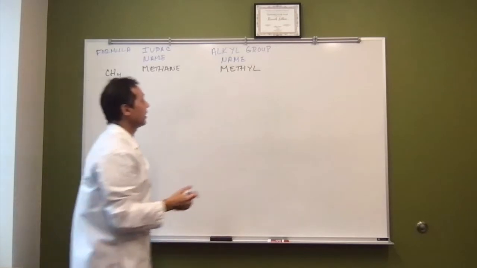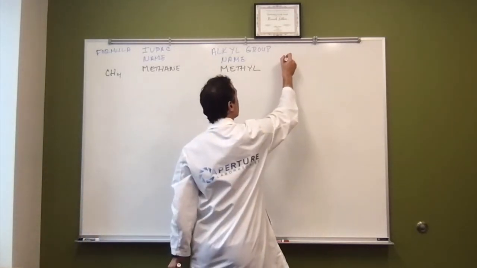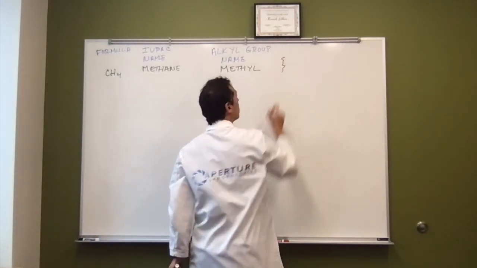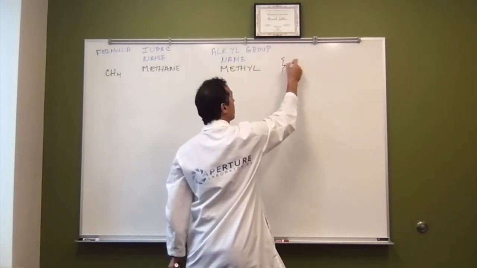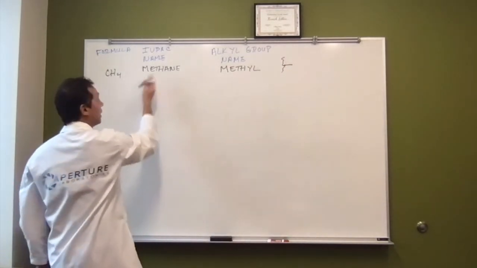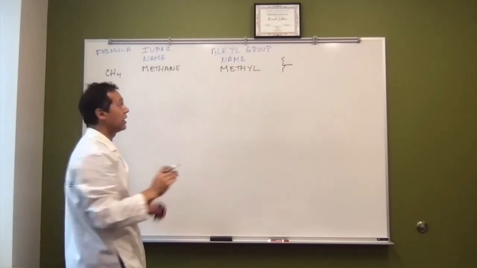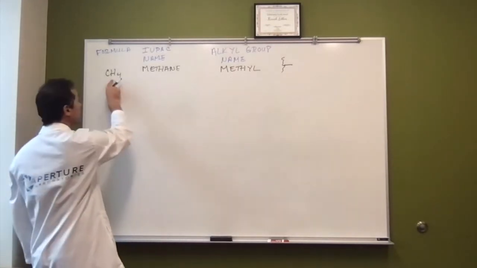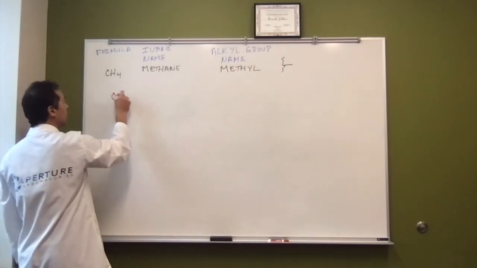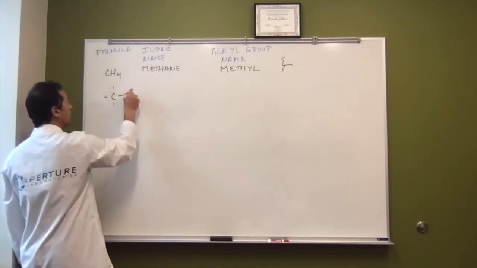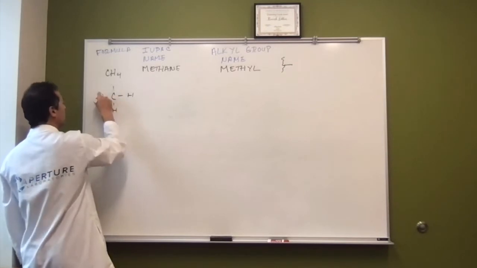And what does that look like? Okay, so we might say that there is a molecule. I'm just going to represent a molecule with a squiggly line like this, and that molecule has this methane attached to it. And so we change the name to methyl. Instead of CH4, remember this here is carbon with 4 hydrogens attached like this.